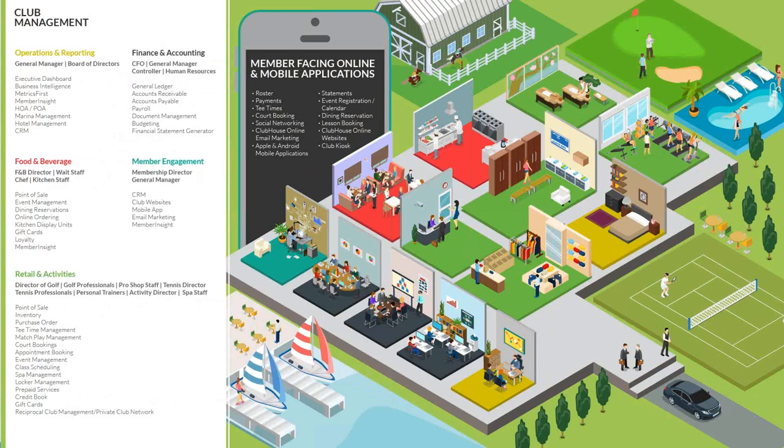And the key to this is that all of these different areas are integrated. Whether it's using your online mobile app, your point of sale, or perhaps booking tee times, these things all work together in a cohesive way, providing a single solution for your club.